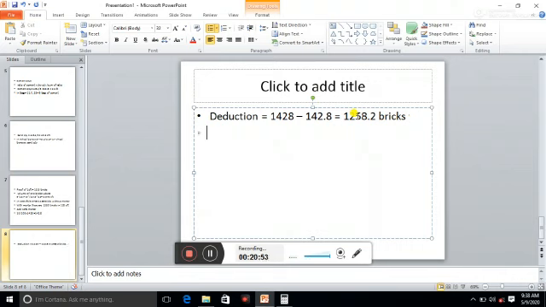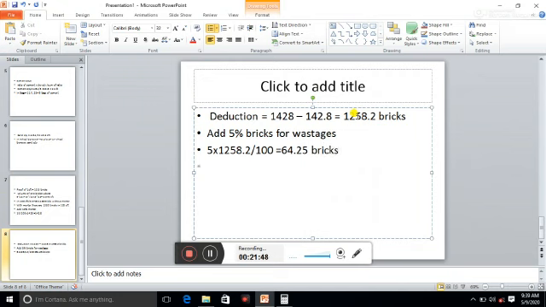Now add 5% bricks for wastage. So 5 into 1258.2 divided by 100 will give 64.25 bricks.